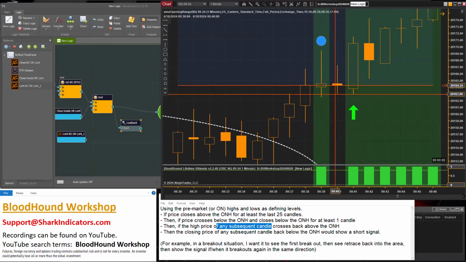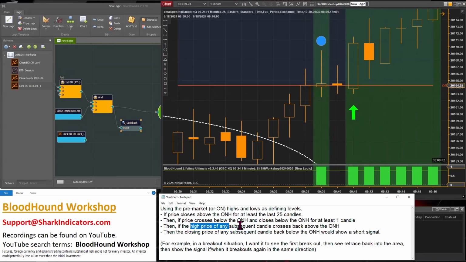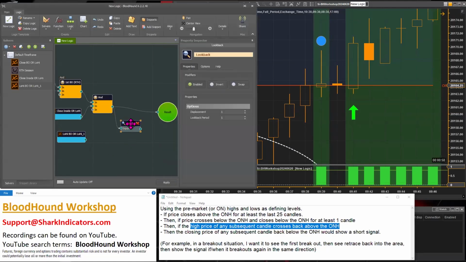And that's what we need. We need a long output to generate a signal for this rule. So by taking the long output here and shifting it forward onto any subsequent bar, we take care of that.